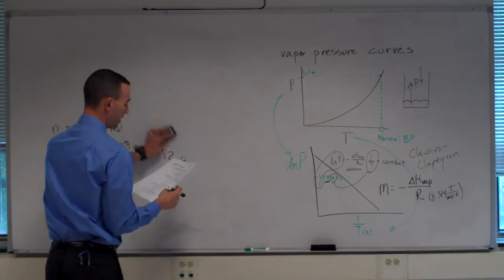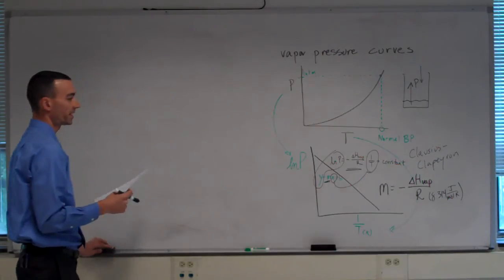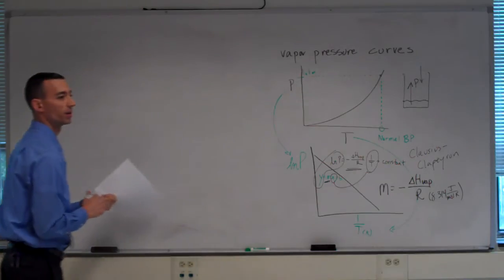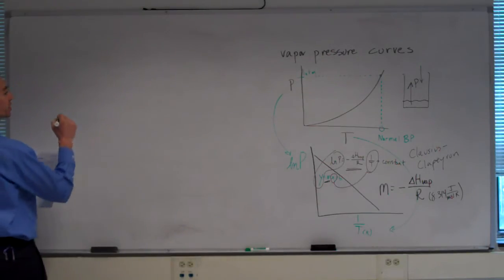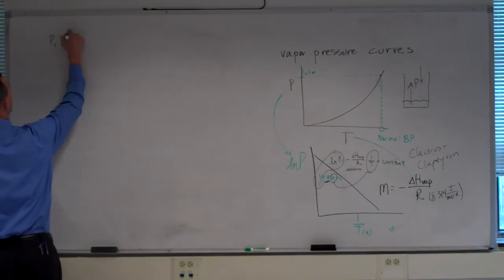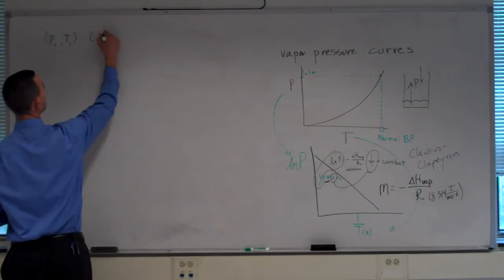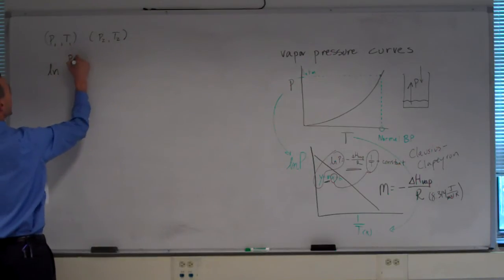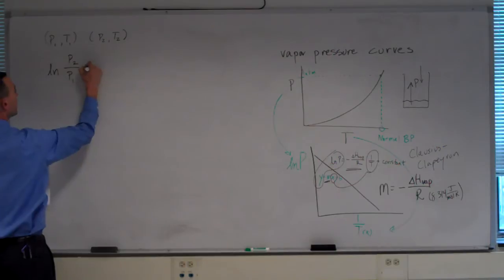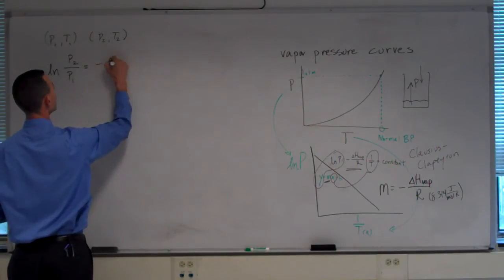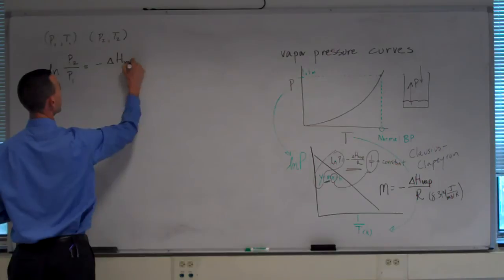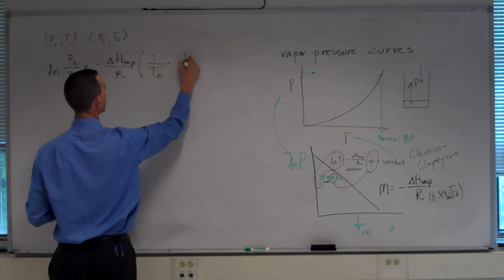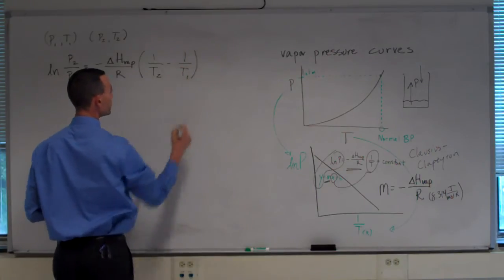Our second question references the two-point Clausius-Clapeyron equation. This is the general form of the Clausius-Clapeyron equation, but for any two pressure-temperature combinations, P1, T1, and P2, T2, we could express ln of P2 over P1 equals negative delta H vaporization over R, 1 over T2 minus 1 over T1.